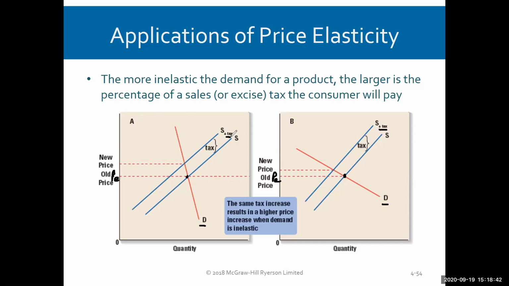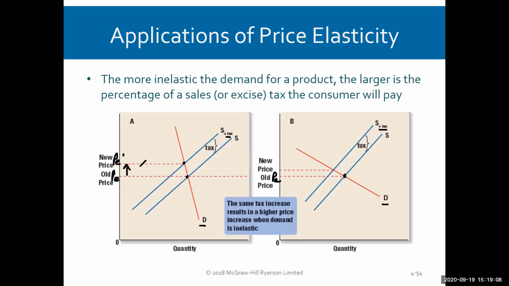We add the same tax, the supply curve shifts the way it does, and we find the new equilibrium price that consumers would pay. That's PE prime. And we notice that that equilibrium price has gone up quite a bit. In fact, it's gone up almost the entire amount of the tax. So the lion's share of the tax, or the large part of the tax, is paid for by the consumer here.